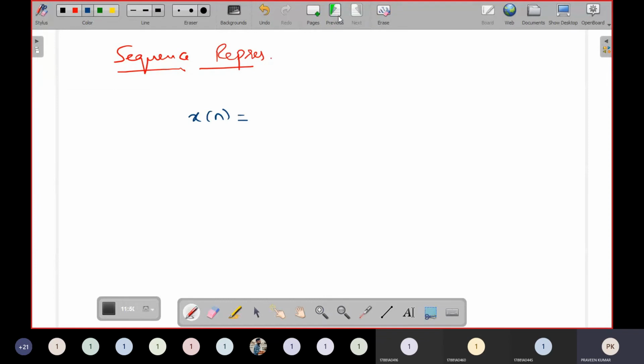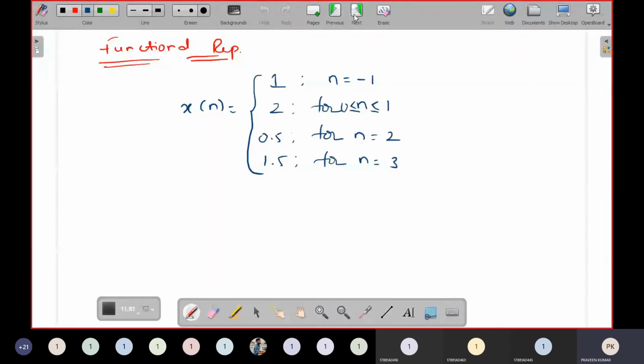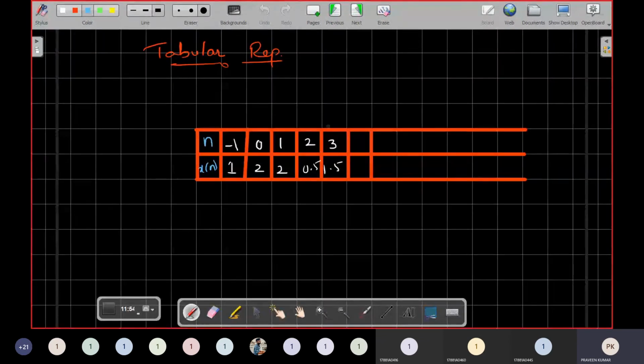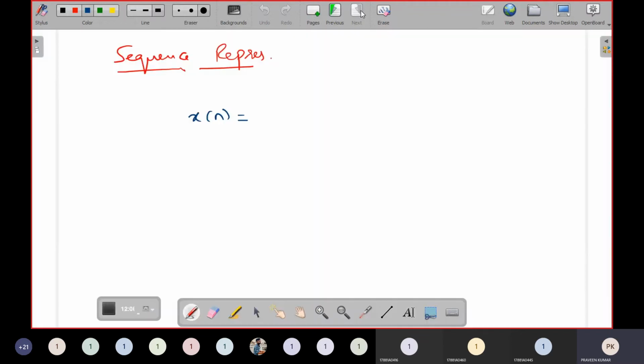Okay, in this case, our signal exists from only n is equal to -1 to n is equal to 3, only 5 time instants. So we are writing these amplitudes.